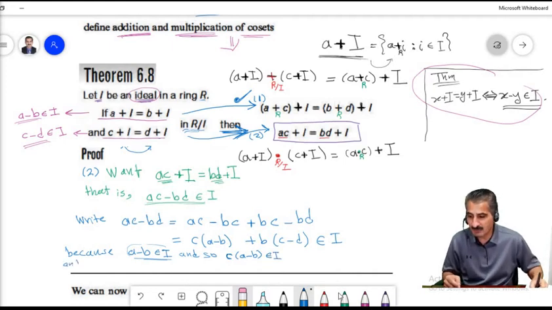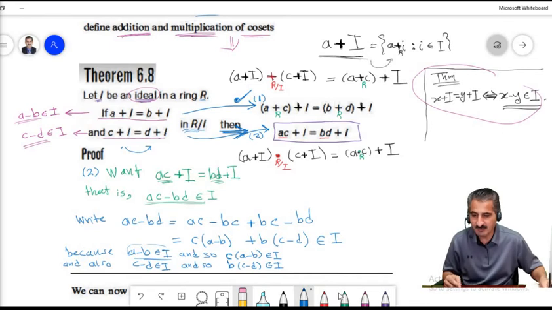And also, same thing, C minus D belongs to I, and so B times C minus D belongs to I for the same reason.